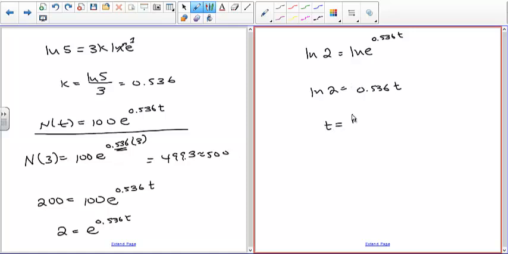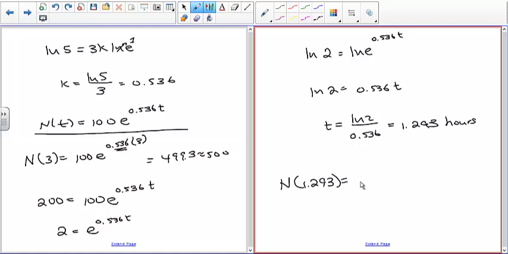Okay, so t is the natural log of 2 divided by 0.536. So plug that in our calculator. And so we get a time of 1.293 hours.